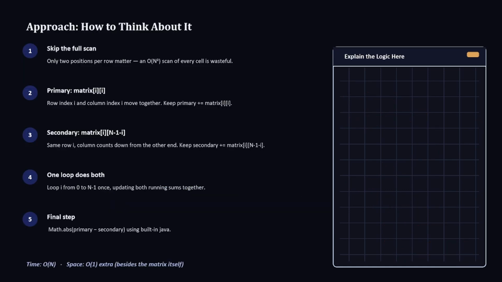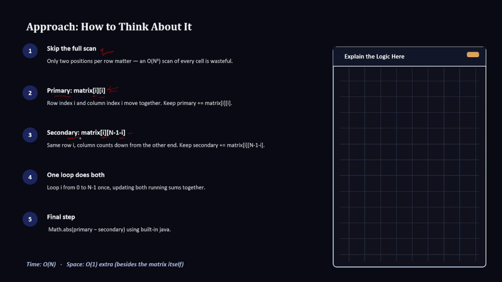After that, how to think about it? What is the approach? We see that we do not need to scan the full matrix. We only need to scan the primary diagonal and secondary diagonal in one loop. Since both diagonal elements use i, inside that loop we keep adding matrix[i][i] into the primary variable, and the secondary diagonal elements into a secondary variable.